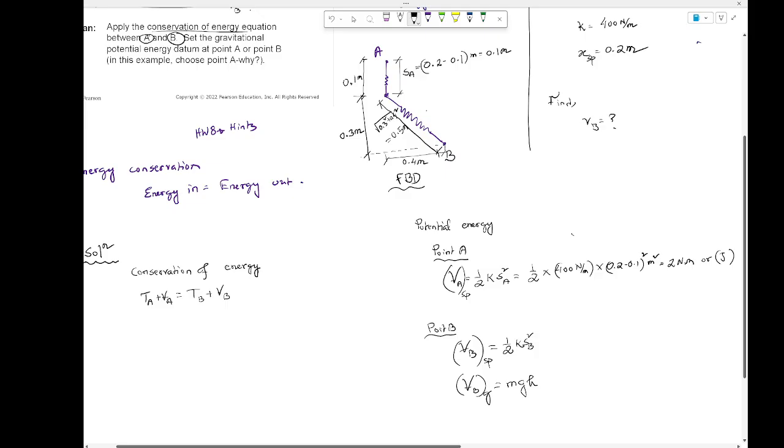So this 0.3, and K, what is the K value? It's 400, given, right? So you can find this value. Can you find the mgh one as well? What do you think will be the value of h?